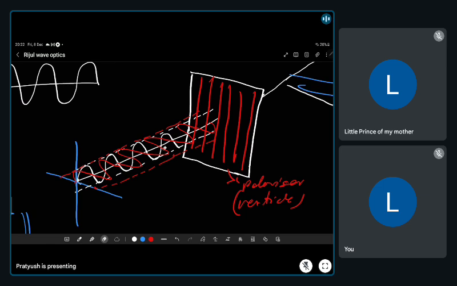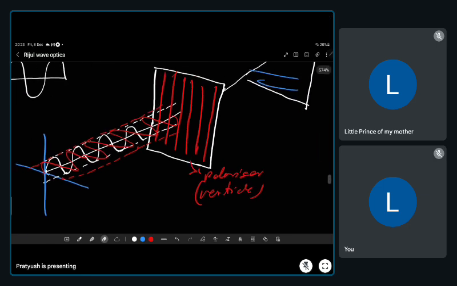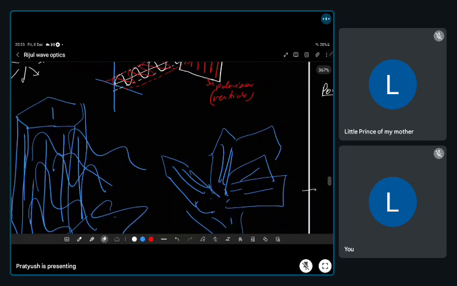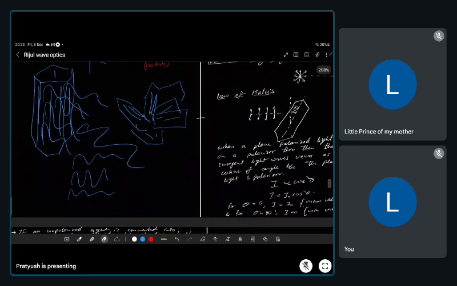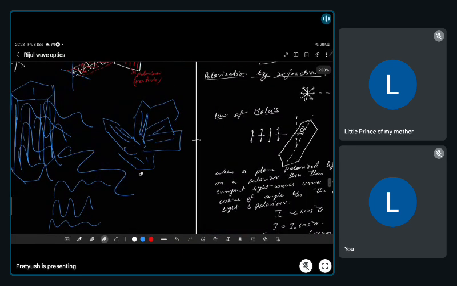Only that part which is vertical will be able to pass. All the rest will be obstructed. So only this white ray will be allowed to pass through it. Getting it? This tourmaline crystal appears naturally like this, deep inside Earth.